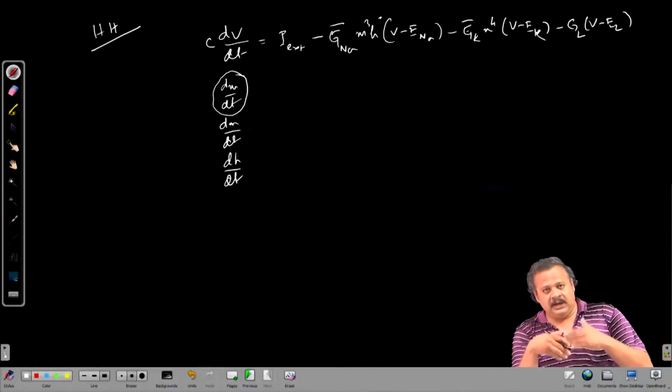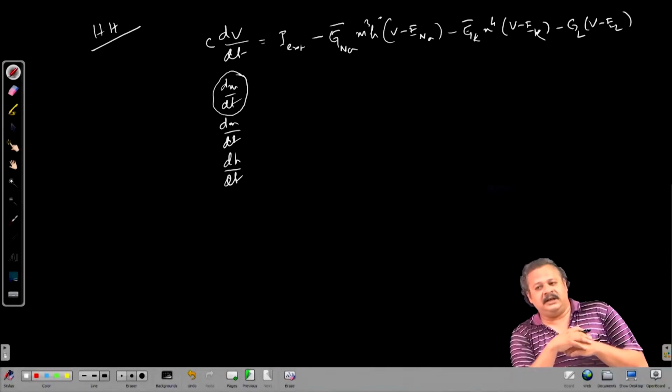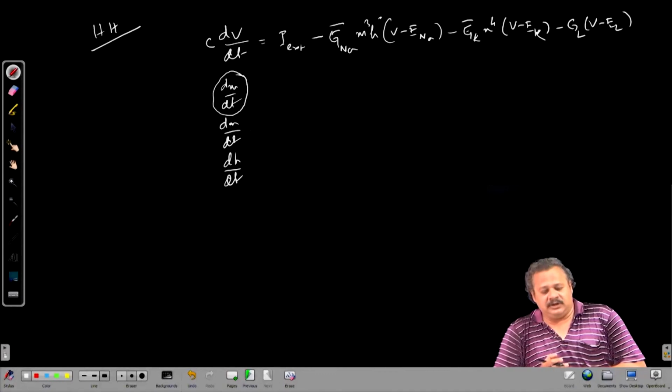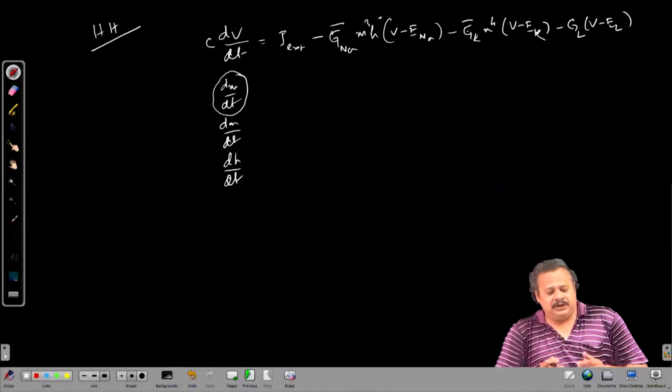If you remember, we qualitatively said how the activation gates keep on opening and sodium keeps on coming in, which causes the action potential. So m becomes crucial.